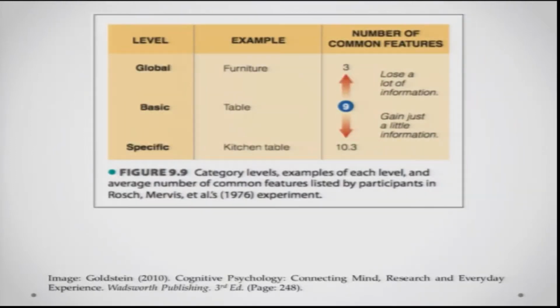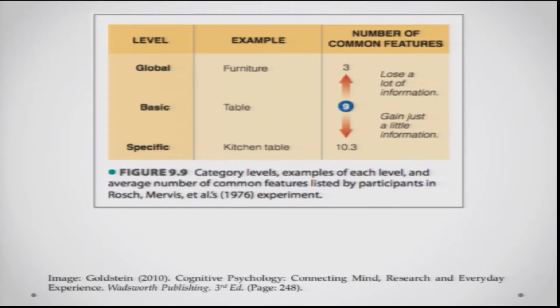In their experiment, they showed that if you are talking about a global level example, you might be talking about just 3 or 4 features at best, which will fit all furniture. If you are talking about a specific level example, then you have to specify more common features, for example, almost 10.